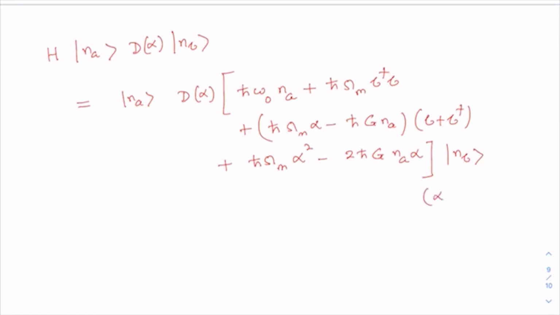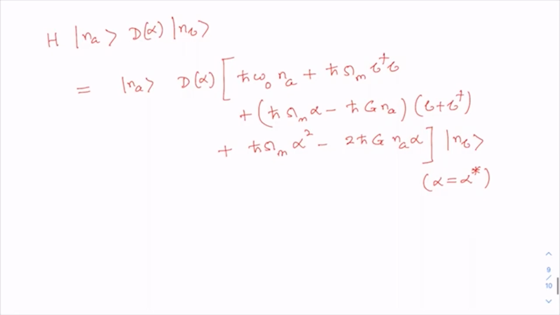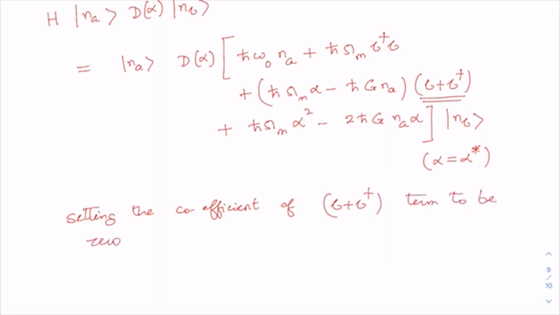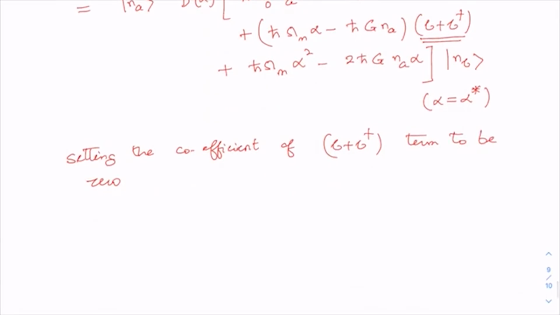While doing it, we take alpha equal to alpha star, alpha to be real. Now setting the coefficient of the b plus b dagger term to be 0, we can get the value of the parameter alpha.